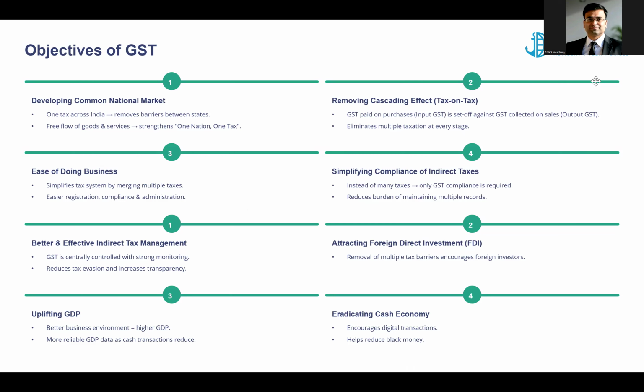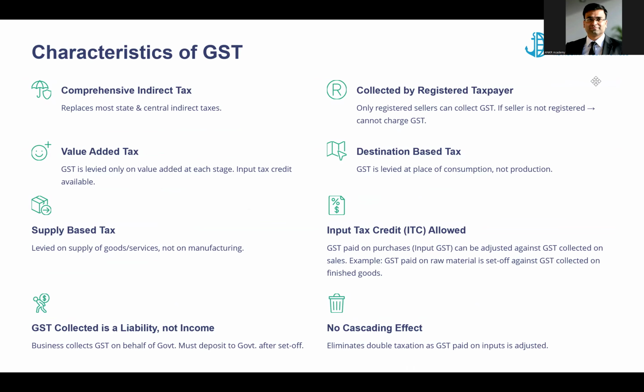And with GST coming in, you will see a lot of the cash economy which was existing is getting eliminated slowly. So this is what the objectives of GST are. Okay.